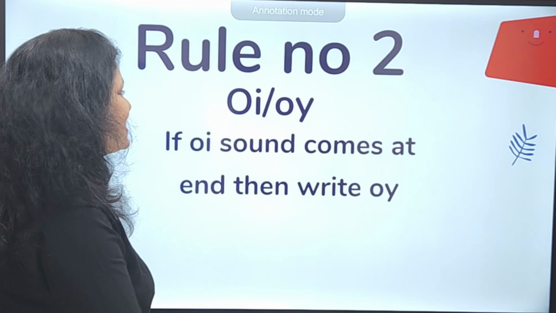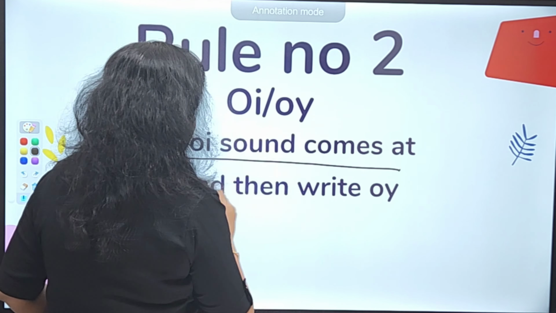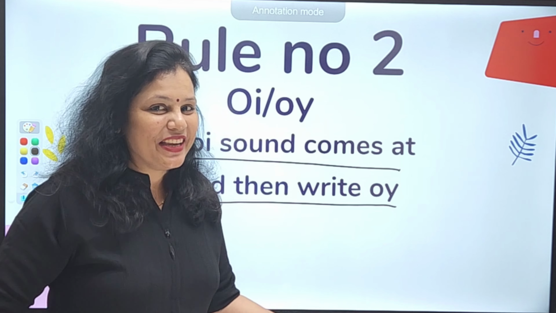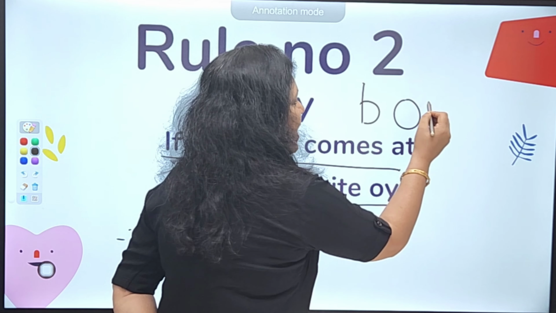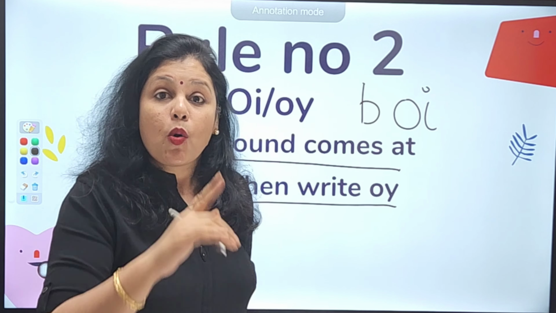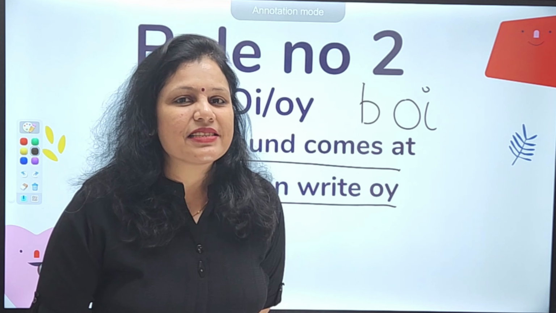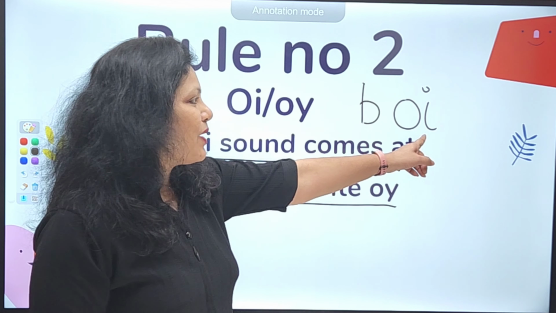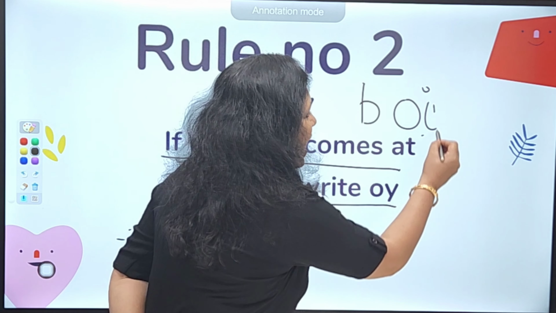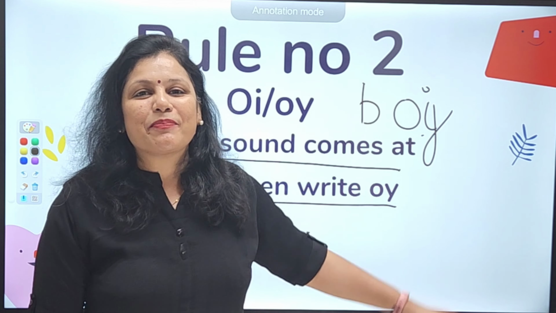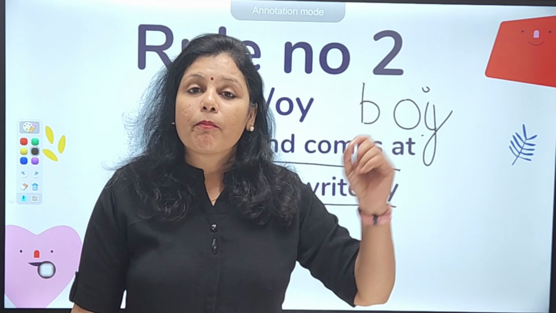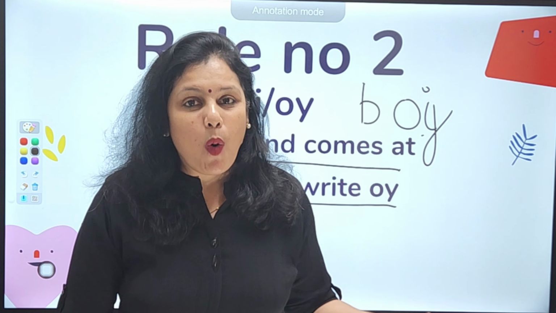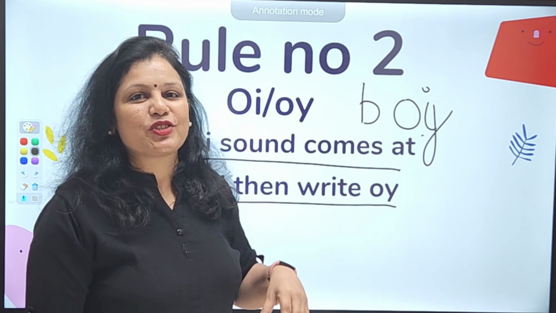So my rule number 2 says that if the oy sound comes at the end of the word, then you write oy. And there is one more hidden rule here. The rule says that if the oy sound is written at the end with o and i, one more rule interrupts here. That is, in no English word will i come at the end, but y will be there to help the letter i, and that is why oi changes to oy.